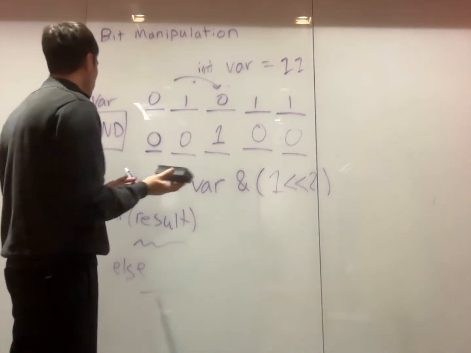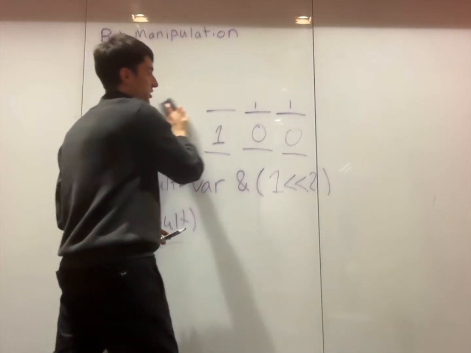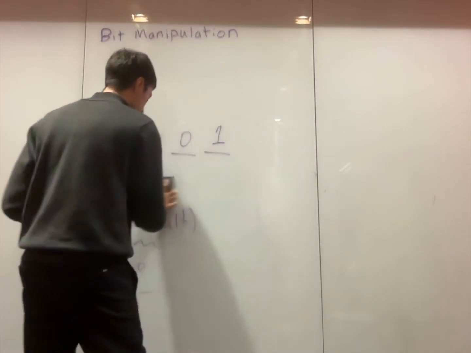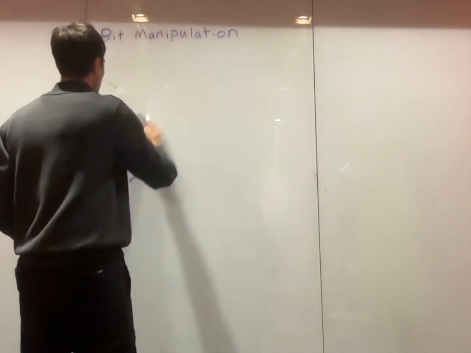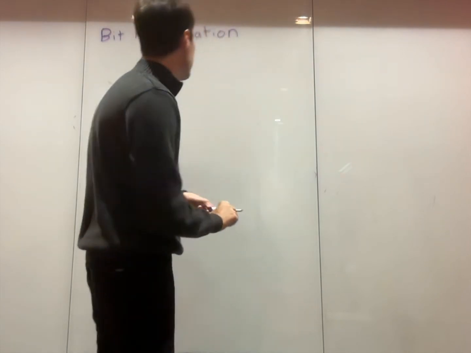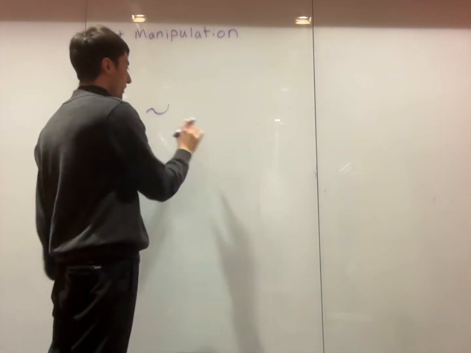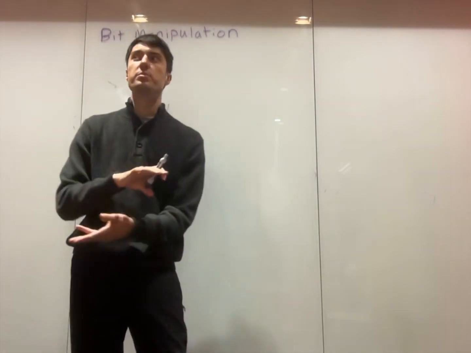There's another operator that is kind of helpful, which is the NOT operator. And I'll very quickly go over that. The NOT operator is that little squiggly, kind of like that. And what this does is it just takes each of the bits and then flips their value.